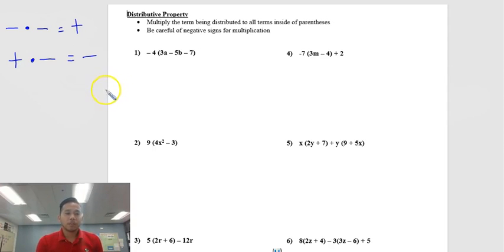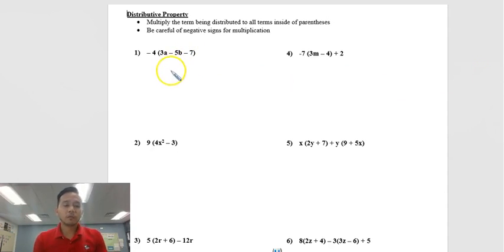Okay, let's proceed with the first example for distributive property. Number one is negative 4 times the quantity 3a minus 5b minus 7.